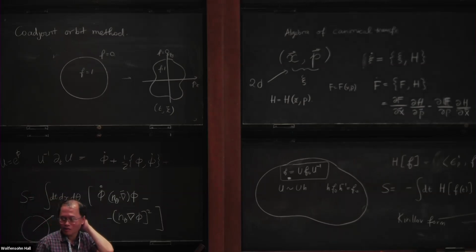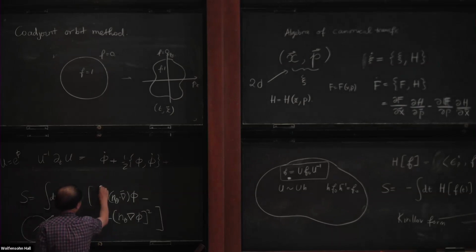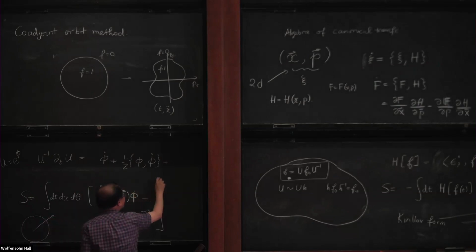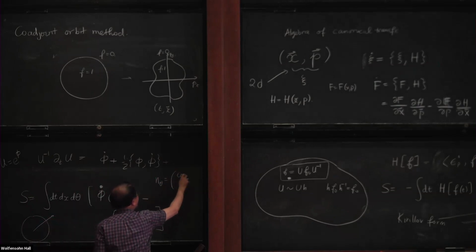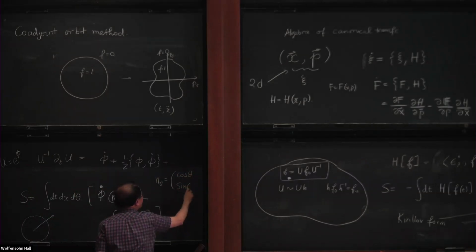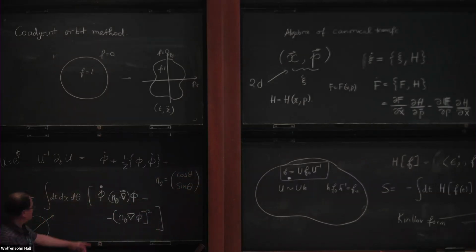The first term is first order in time: phi dot times n of theta dot grad phi. n of theta is the vector, so in 2 dimensions it just has cosine theta, sine theta components, with derivatives with respect to x and y.